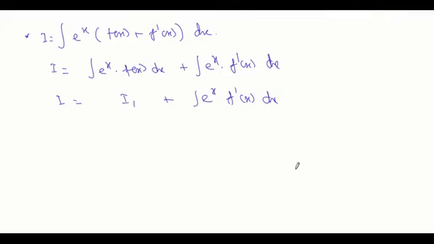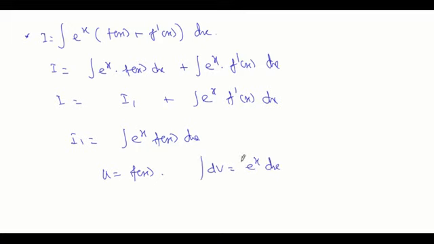Now see, I take this I1 is equal to integral e power x f of x dx. Here I am considering the first function u as f of x itself, the second function dv as e power x dx. Now differentiate this. I get du equal to f dash of x dx. Here v equal to e power x itself.